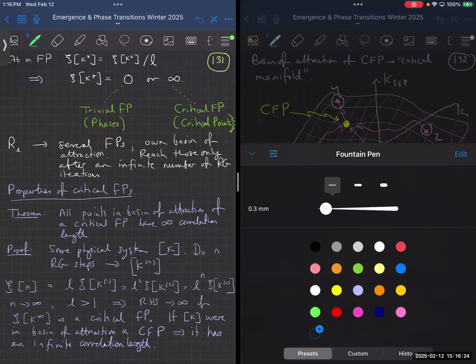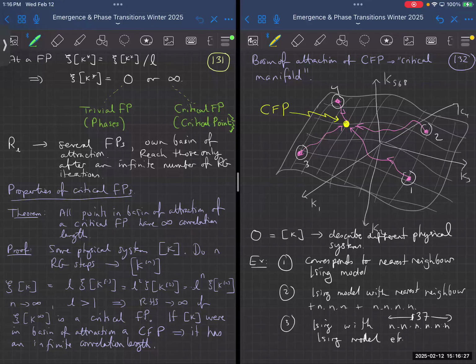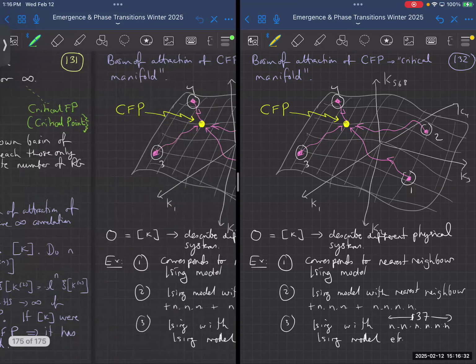All of those things have the values of the parameters adjusted so that they are at criticality.